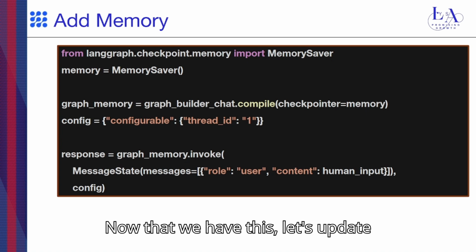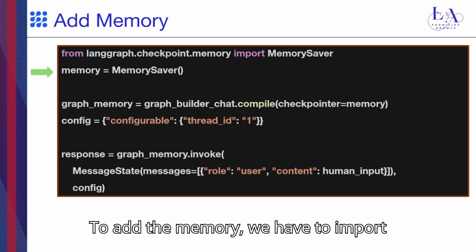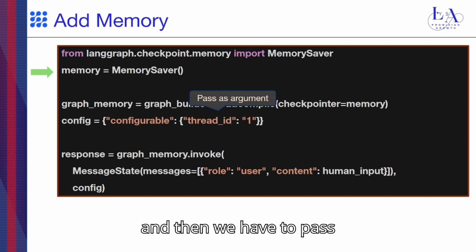Now that we have this, let's update the memory. To add the memory, we have to import MemorySaver from langgraph.checkpoint.memory, create an object for it, and then we have to pass the thread ID as an argument in config.